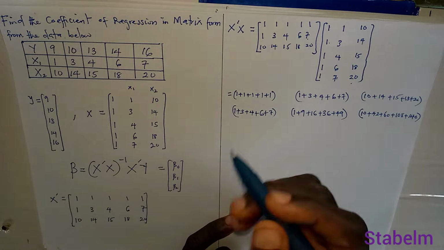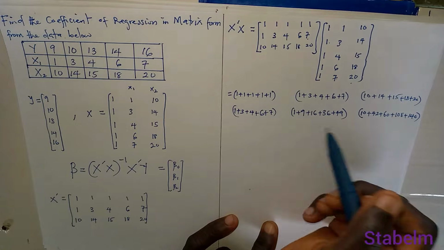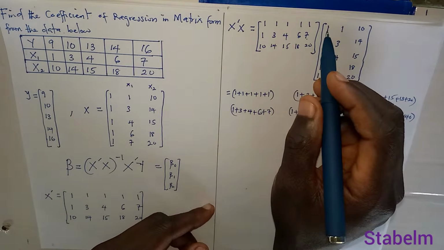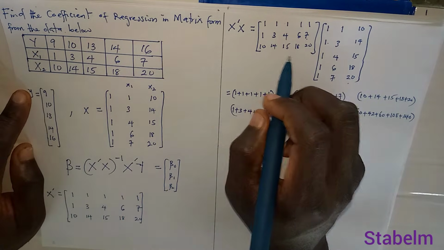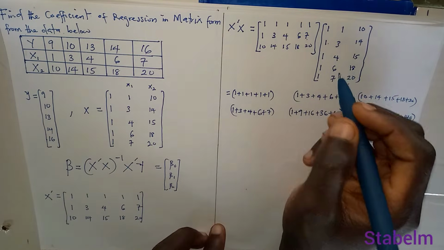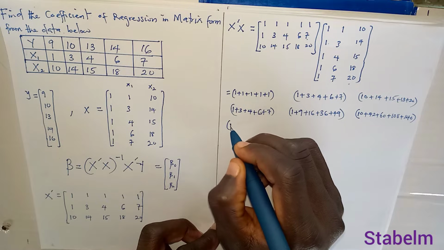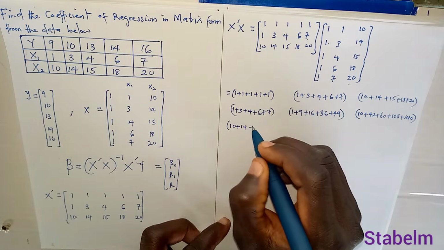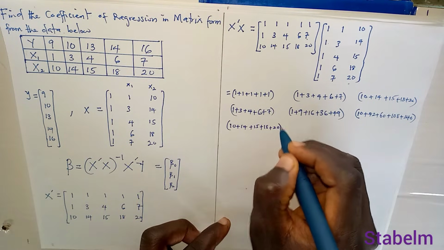Now we're going to use this last row to multiply the first column in order to get the last row here. So 10 times 1 plus 14 times 1 plus 15 times 1 plus 18 times 1 plus 20 times 1, and that will give us 10 plus 14 plus 15 plus 18 plus 20.